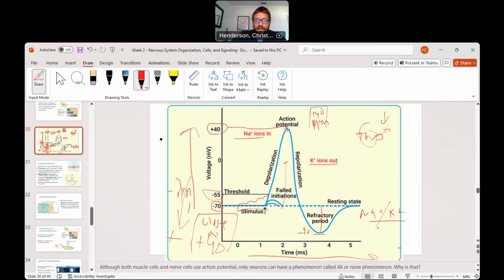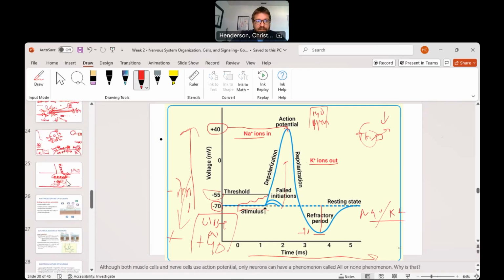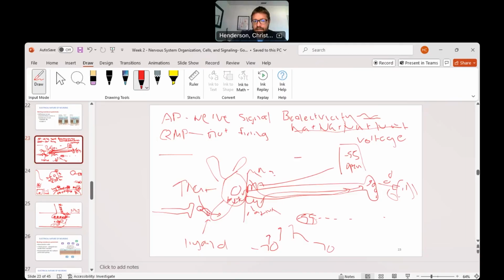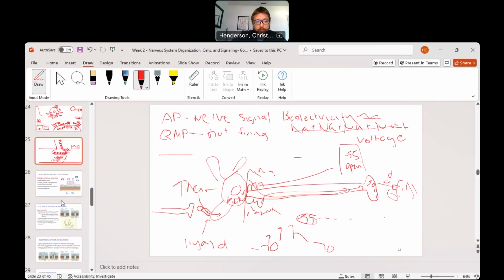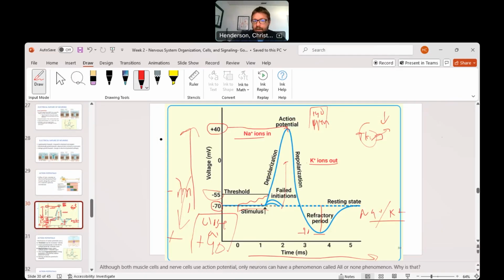Okay, so just to review again, what do we got? We've got the original stimulus. In this case, a neurotransmitter that binds to this ligand gated channel. It opens up and sodium starts creeping in a little bit until it hits what? Negative 55. What happens here?